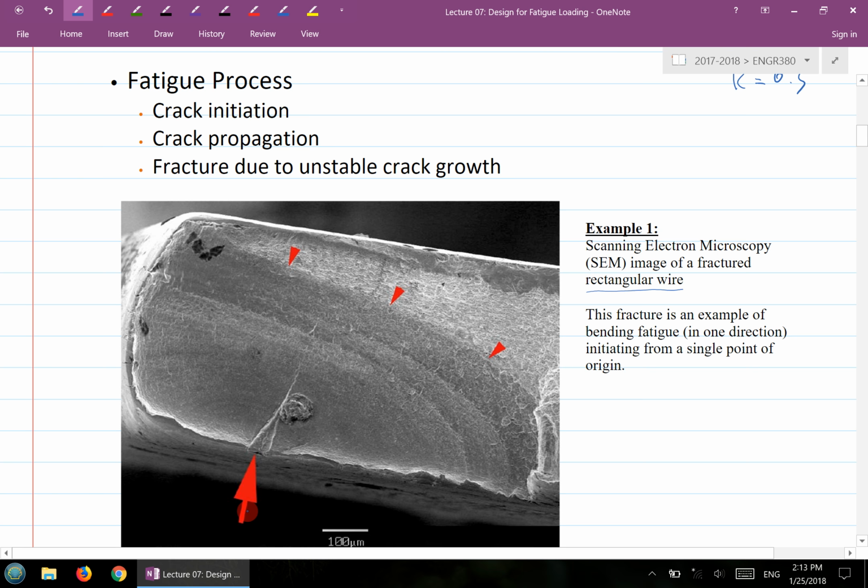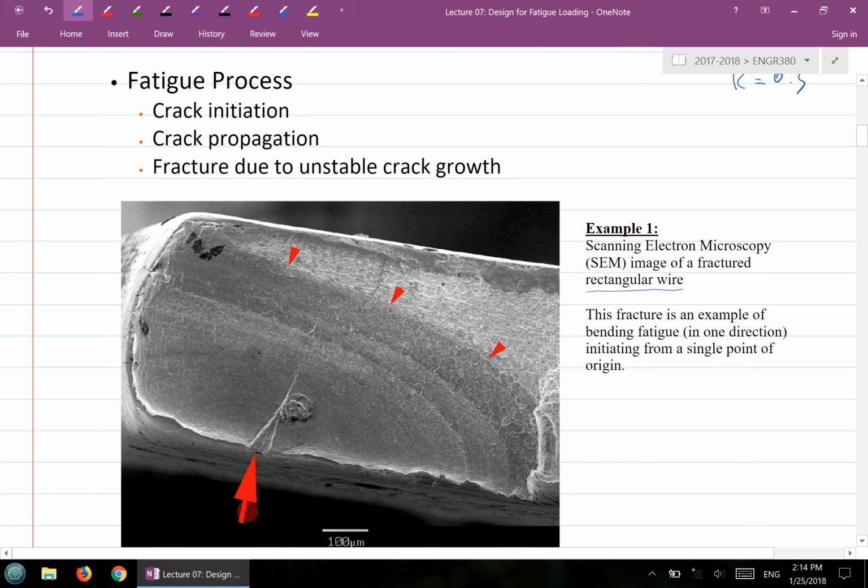As we're going to see, typically the crack initiation location will be where you have either a discontinuous geometry or a little bit of damage, or imperfect locations.